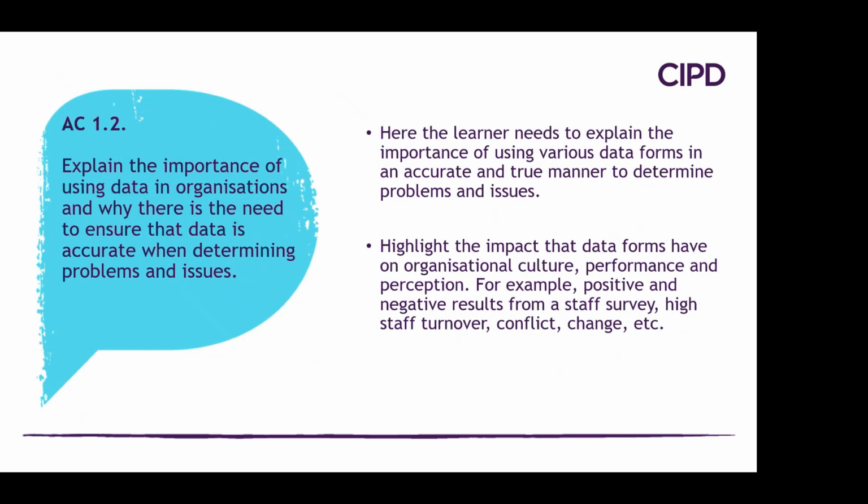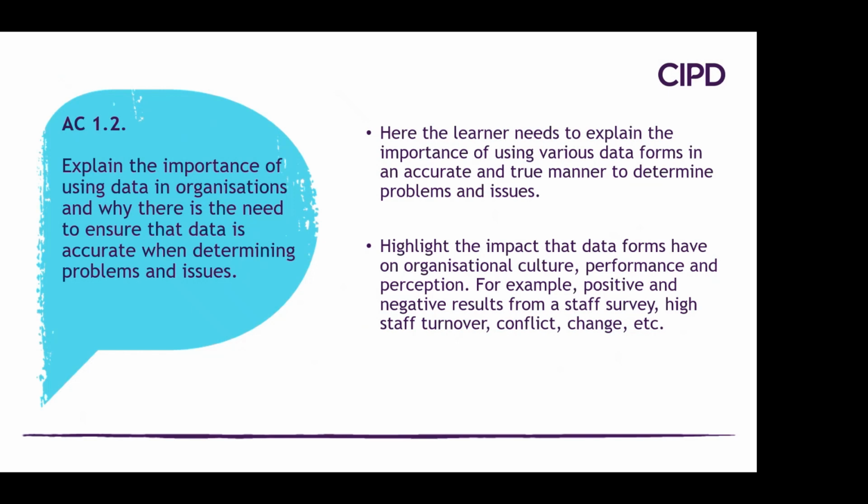AC 1.2 requires you to explain the importance of using data in organisations and why there is a need to ensure the data is accurate when determining problems and issues. Here you need to explain the importance of using various types of data in an accurate and true manner to determine problems and issues.